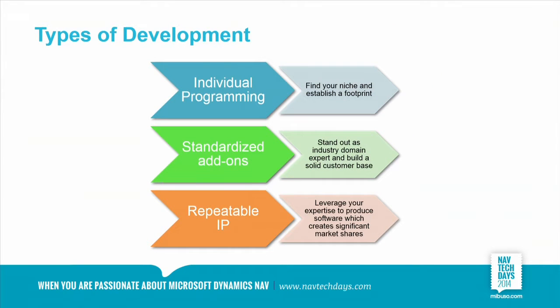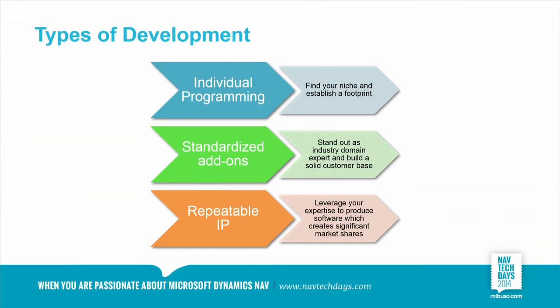There are 3 types of development that coincide with the development of the partner organizations that we're all working in or for and sometimes against. The first phase was that of individual programming, and that coincided with your partner organization trying to find your niche, trying to establish a footprint in your markets. Then we went to doing standardized add-ons that began in the late 1990s.